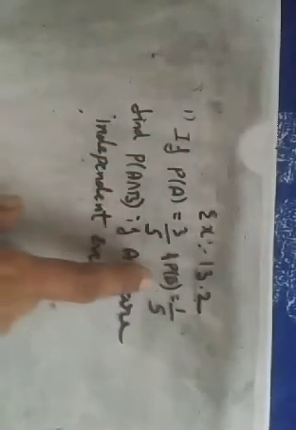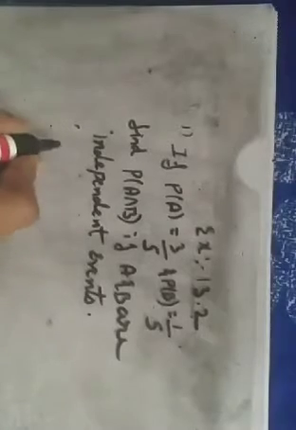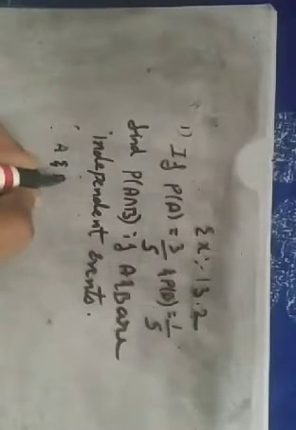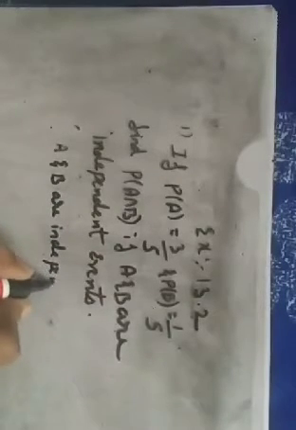If P of A is equal to 3 by 5 and P of B is equal to 1 by 5, find P of A intersection B if A and B are independent. They are telling that A and B are independent.